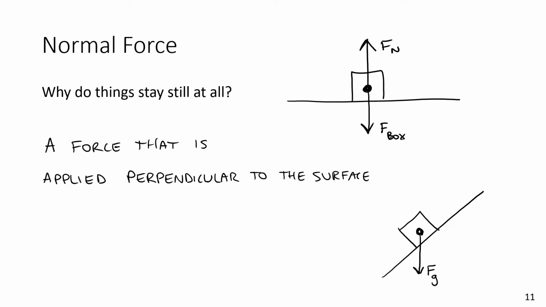I'm going to say force sub g for gravity is directly downward. And the normal force in this example is perpendicular to the surface it's touching. So it's that way, going at an angle. All right, maybe we'll get to some problems like that at the end of this chapter.